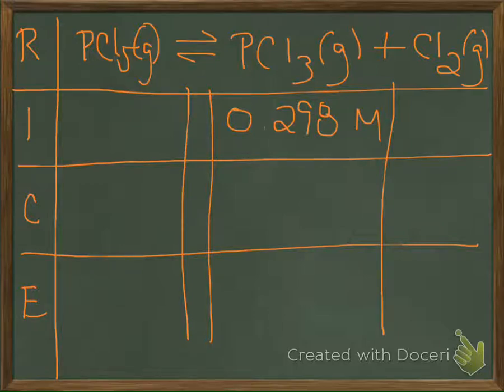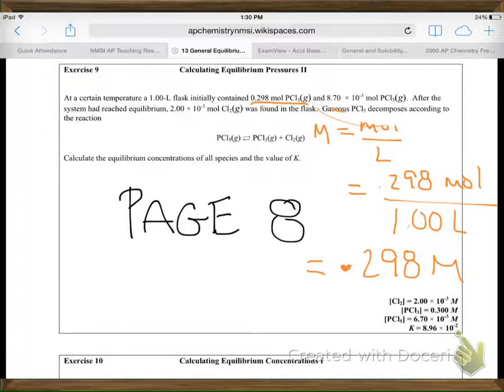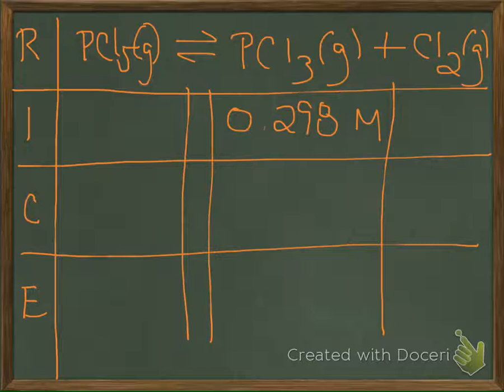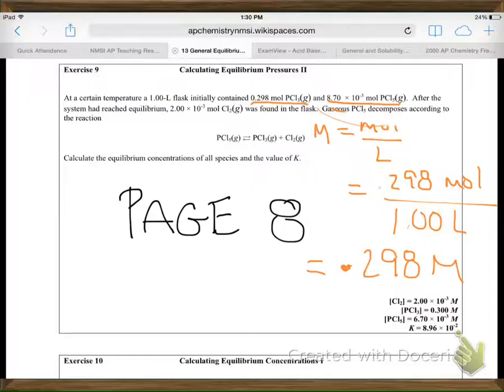Let's see if we were given any other initial information. Yes, 8.7 times 10 to the negative third molarity for PCl5. So 8.7 times 10 to the negative third, excuse my sig figs there. And let's see if we were given any other information.